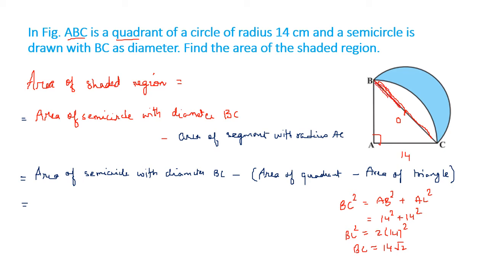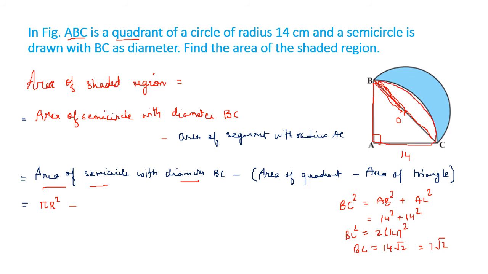So the radius will be half of BC, that will be upon 2, so 7 root 2. So area of the semicircle with diameter BC is how much? Pi r square, where r is 7 root 2, minus area of quadrant. Which quadrant? This quadrant.